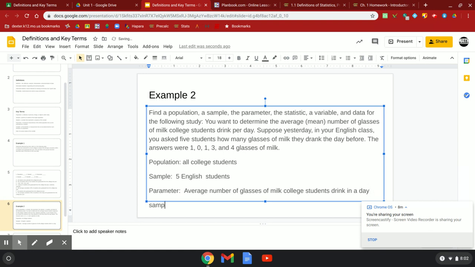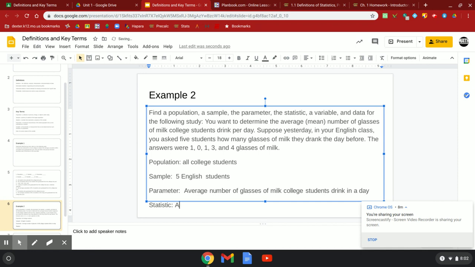And then the sample, that answer will sound very similar, but remember, sample, statistic. Hope I spelled that right since I'm the statistics teacher. Statistic is going to be what I got from the sample. Remember, those S's go together.